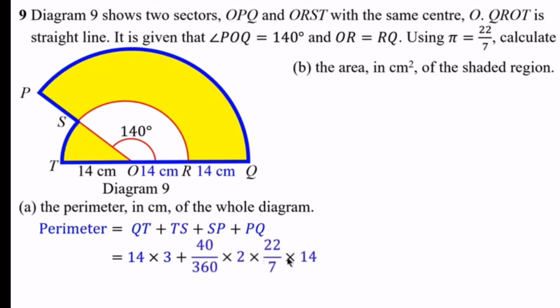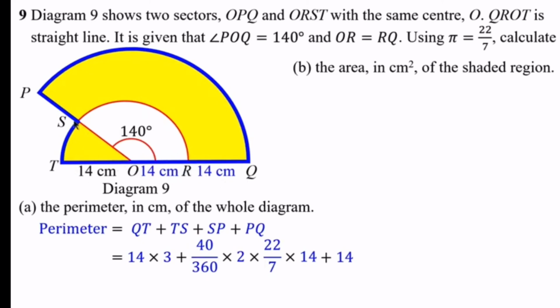For ST is 40 over 360 times 2 times pi times the radius. And for SP, because O to Q is 28, then O to P is also 28, and OT is 14, so SP is 28 minus 14, so SP is 14, right?